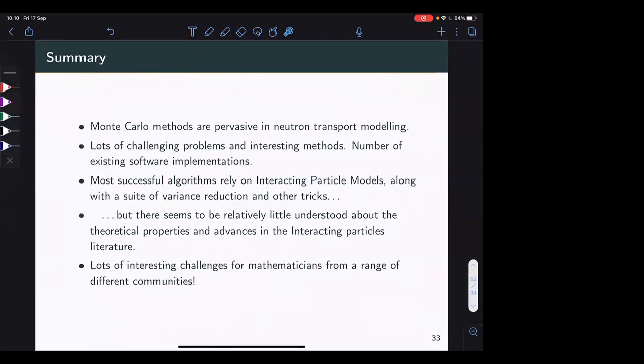What I wanted to do is summarize what I see as interesting from a mathematical perspective about what's going on in the Monte Carlo side of neutron transport. With a mathematician's eye, I think there's pervasive use of variants of interacting particle models in practical ways, along with lots and lots of other tricks.